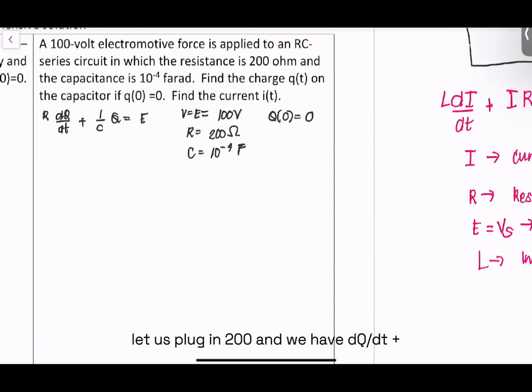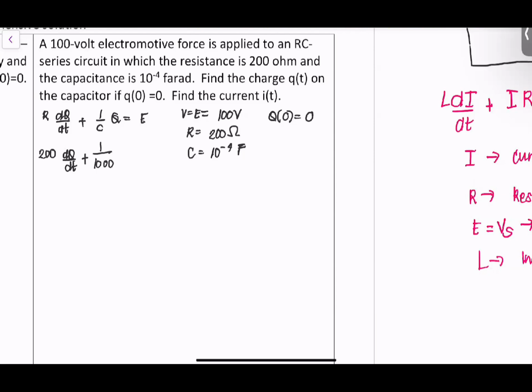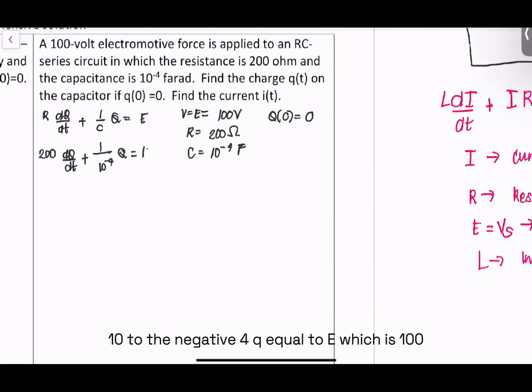Let us plug in 200, and we have dq over dt plus 1 over 10 to the negative 4 q equal to E, which is 100.